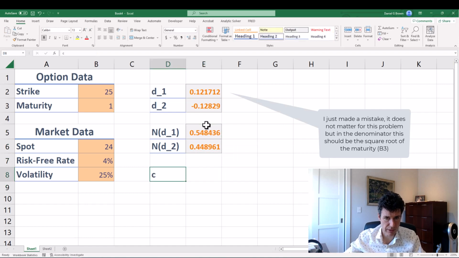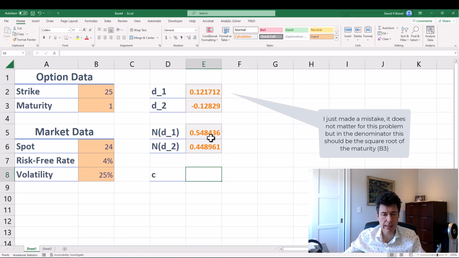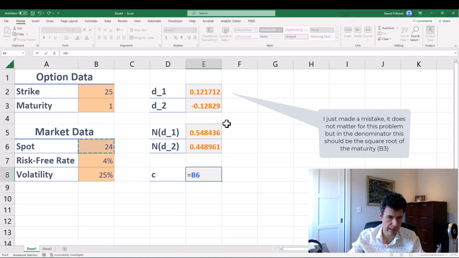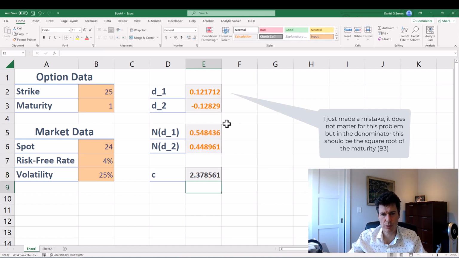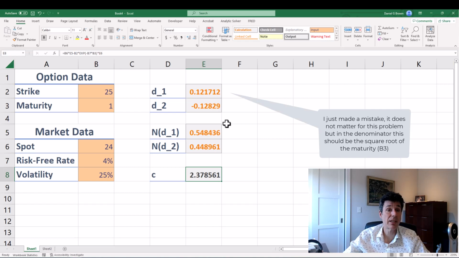And the call price, let's make this an output, is S times N of D1 minus K times e to the minus RT, that's the discounted strike, times N of D2, 2.379. So that's our call price. Again, I very rarely do this by hand. Most of the time I've got a calculator which takes the information on the left and calculates this number, 2.379.